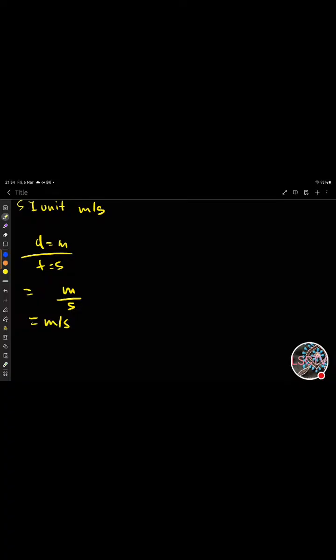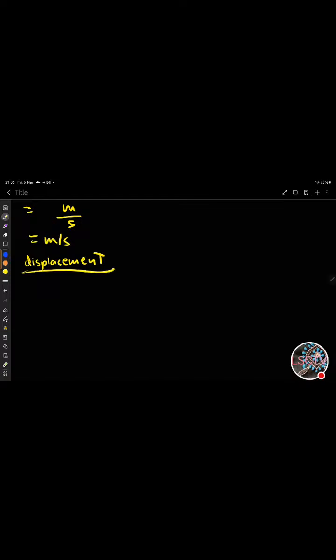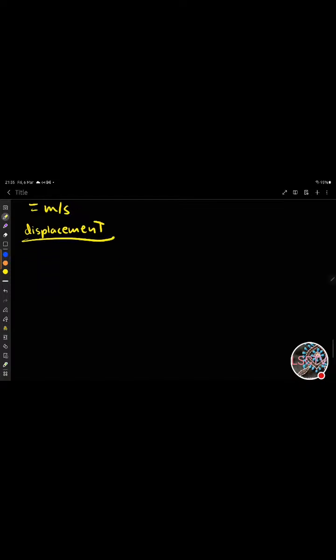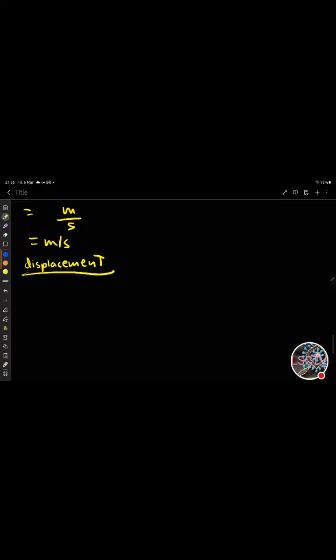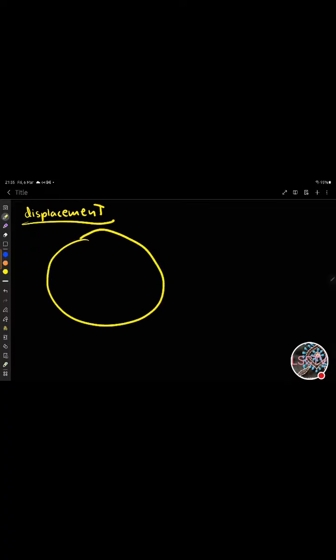Now, let's move on to the next one, which is displacement. Alright? What is displacement? Basically, now, let's say you're traveling in a circular path.